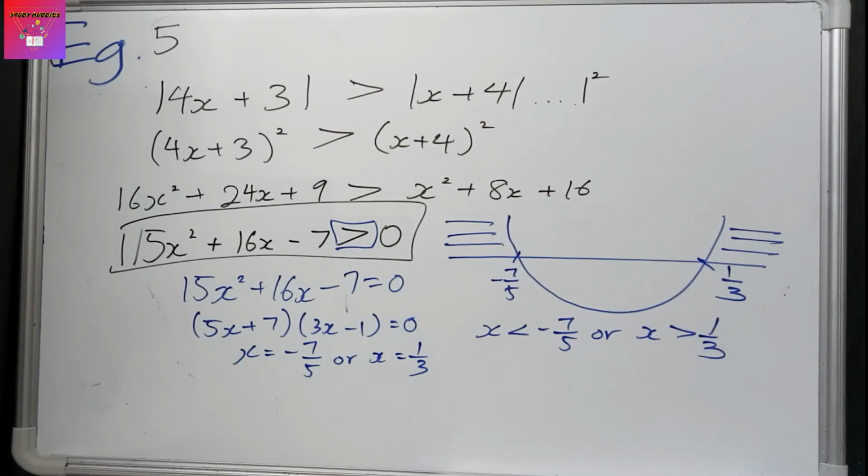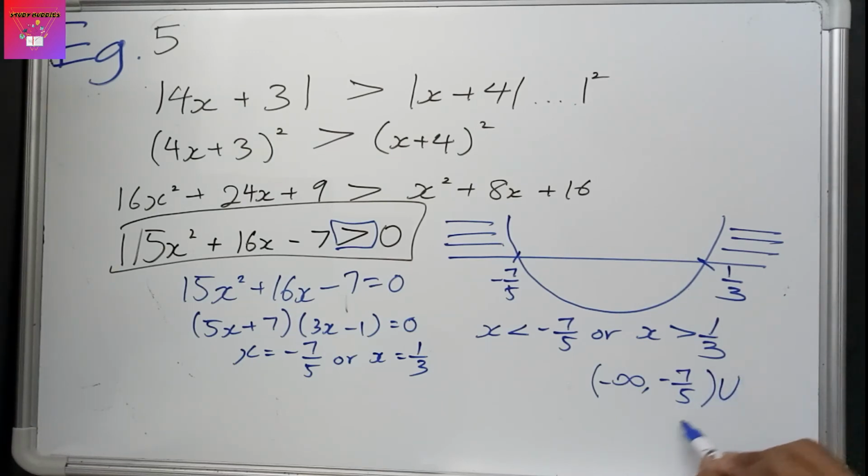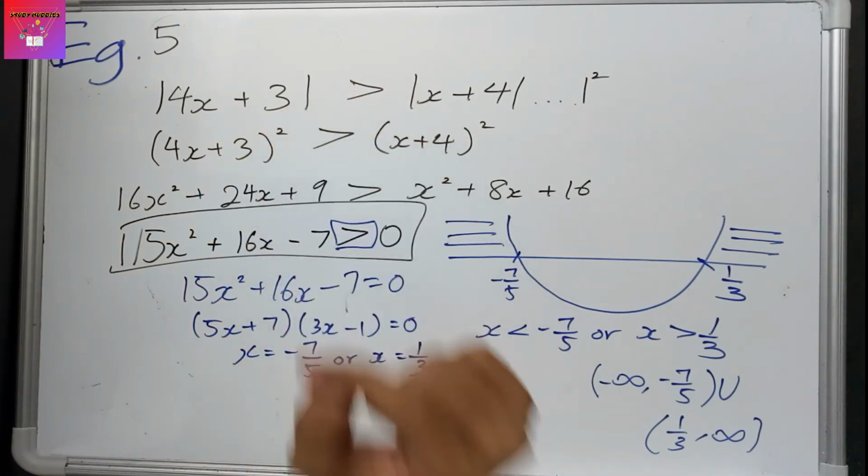Or to write it in interval form, it's going to be negative infinity to negative 7 over 5 union 1 over 3 to positive infinity. So this is how we solve questions which have two modulus and an inequality.